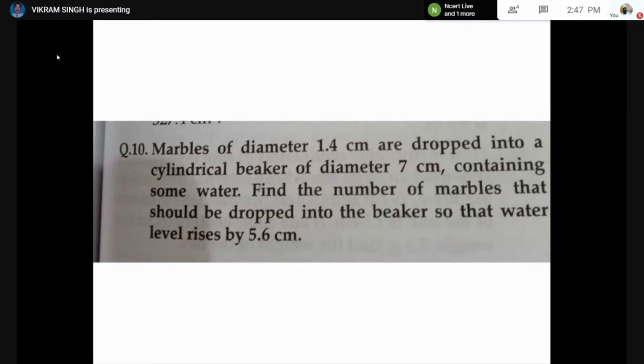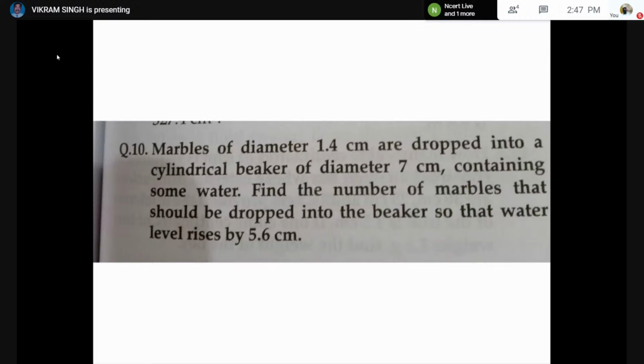For simplicity, we are going to make this question simple. We have a beaker, and in this beaker we have water up to a certain height. We are dropping a few marbles in that water.